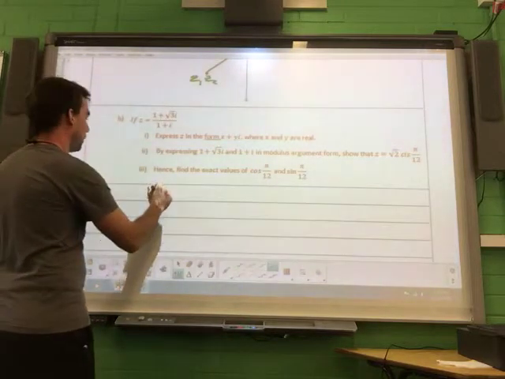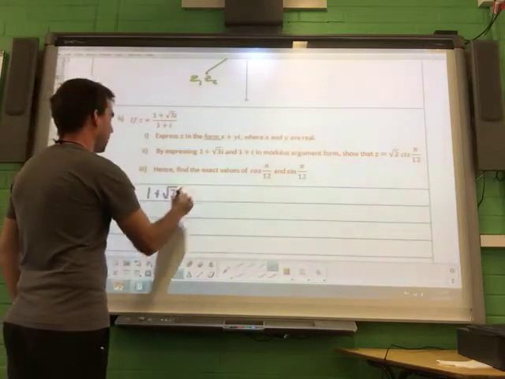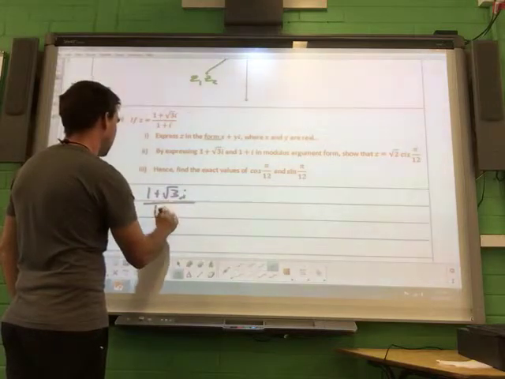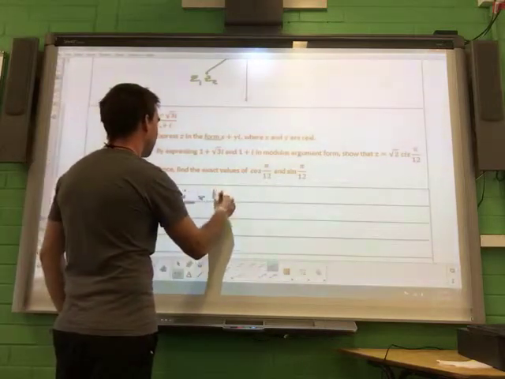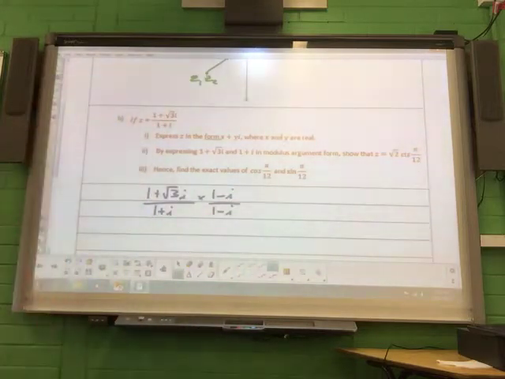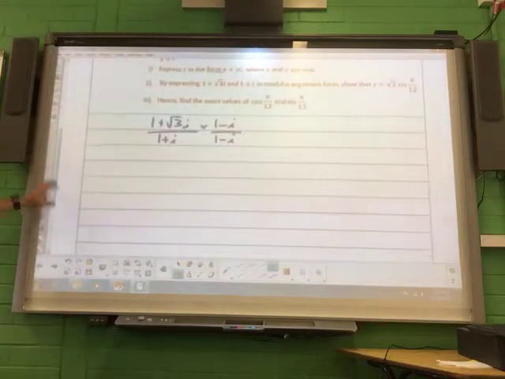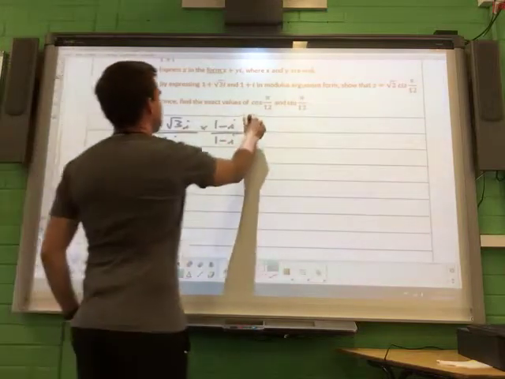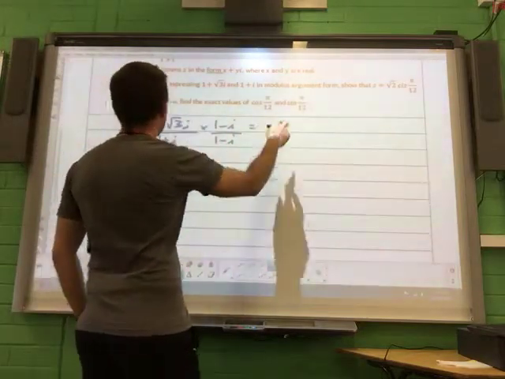So 1 plus root 3i over 1 plus i multiplied by its conjugate. Okay, so we can get the denominator as a real number with no imaginary part, so that we can represent the division of a complex number as a specific real and a specific imaginary part. Right, so FOIL at the top.